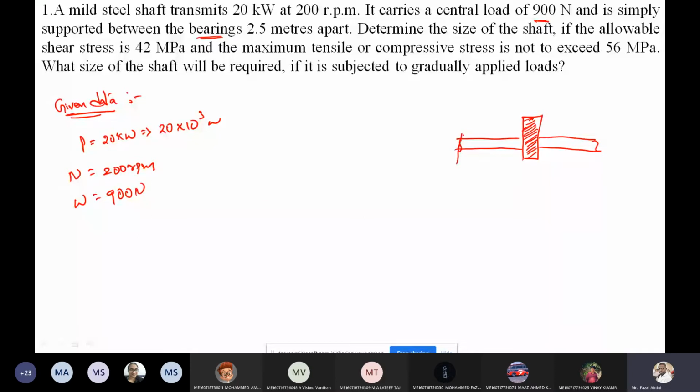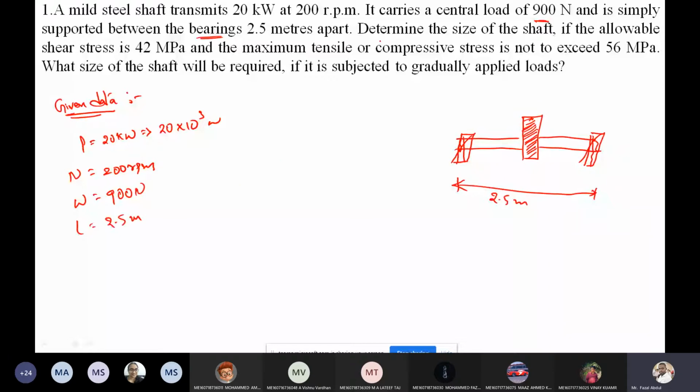So I'm drawing the bearing here. This is the diagrammatic representation of the bearing: make a rectangle box vertically and draw two cross marks. Bearings are 2.5 meters apart. The distance between these two bearings is 2.5 meters, so the length is given as 2.5 meters.